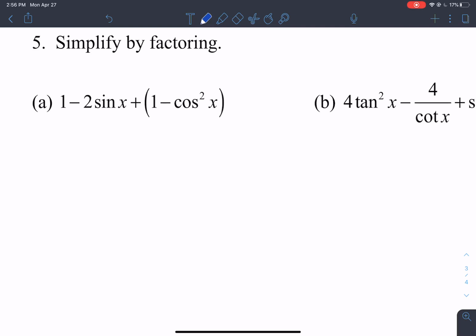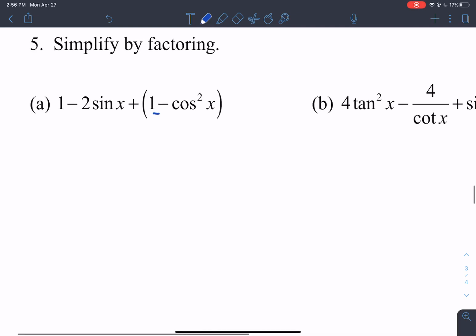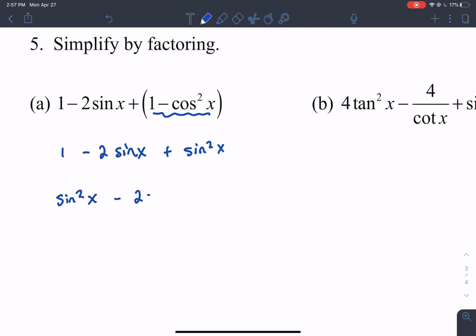If you use the identity, you know that this is going to be just sine squared. So you got 1 minus 2 sine plus sine squared. Okay, so now if you rearrange it, you got sine squared minus 2 sine plus 1.